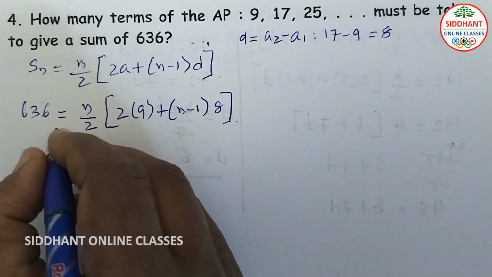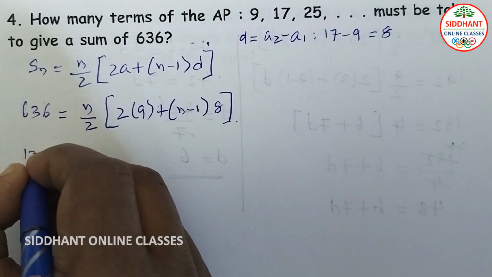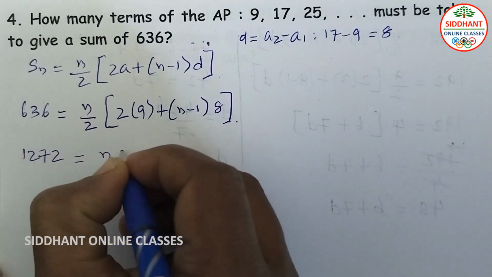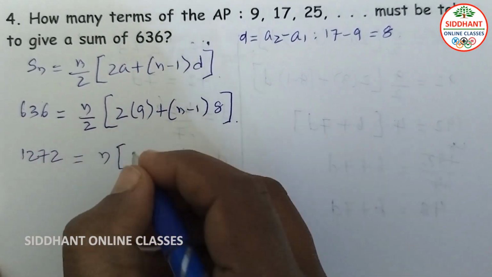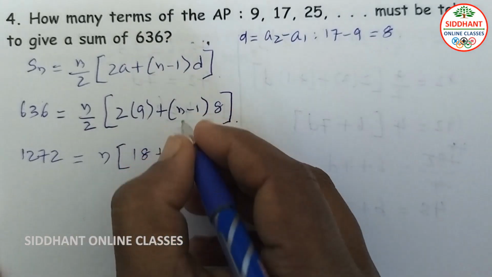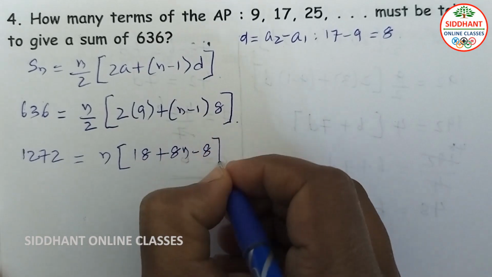So now when you simplify, 636 into 2 we get 1272, and n(2 × 9 = 18 + ... 18 − 8).